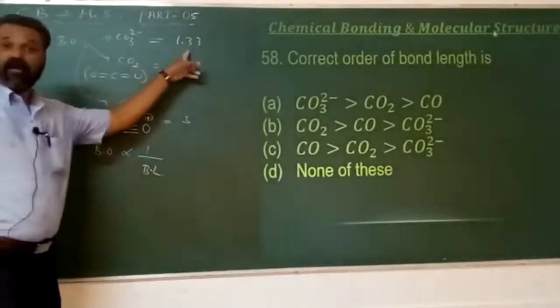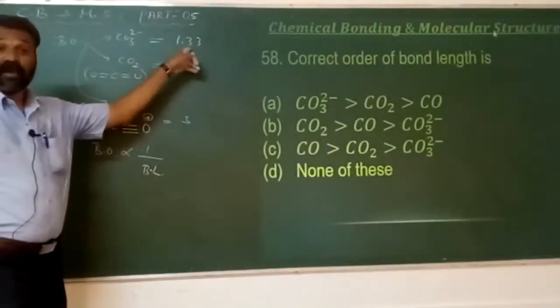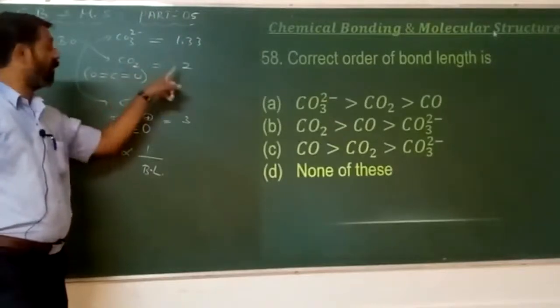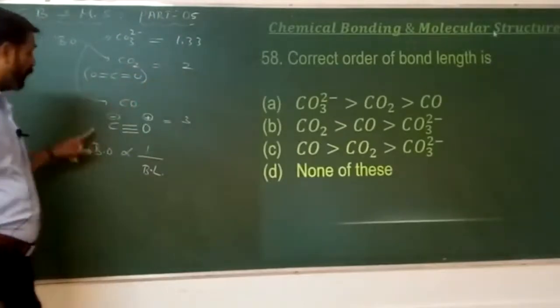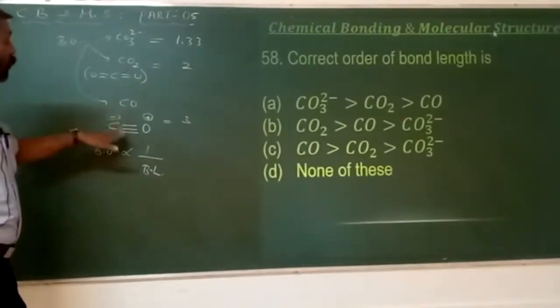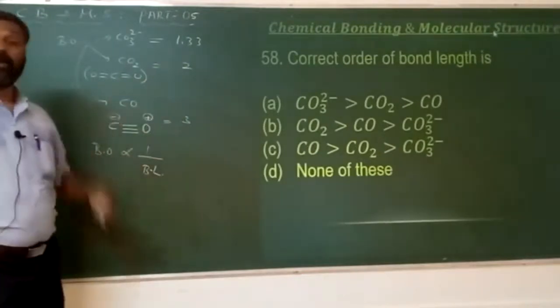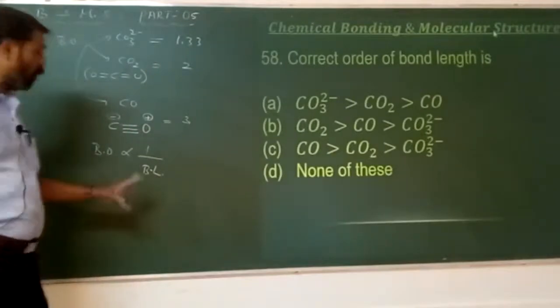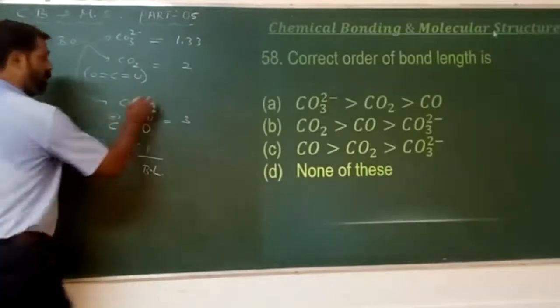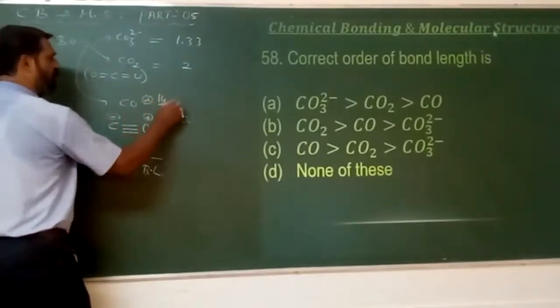According to the number of resonance structures and the number of bonds, we have calculated that as 1.33. And carbon dioxide has a double bond with the oxygen. In case of this one, it is a pseudo electronic species such that the bond order is going to be 3. On that basis, we can say that it is a 14 electron species, which means its bond order is 3.